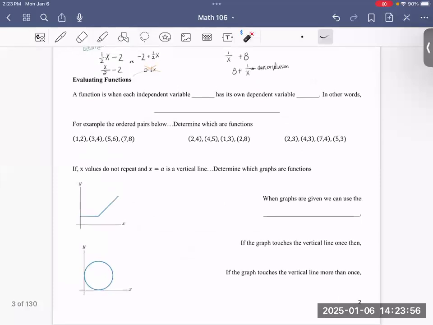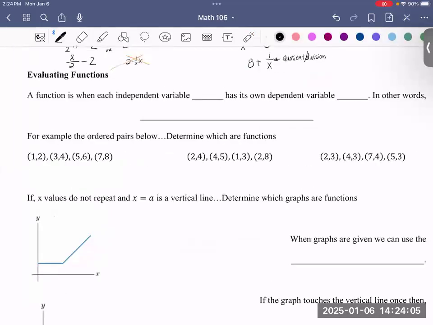Now let's talk about evaluating functions. So it says a function is when each independent variable, an independent variable for us is x, has its own dependent variable y. Lots of textbooks, I think ours, this is from your textbooks when it talks about a function, right?